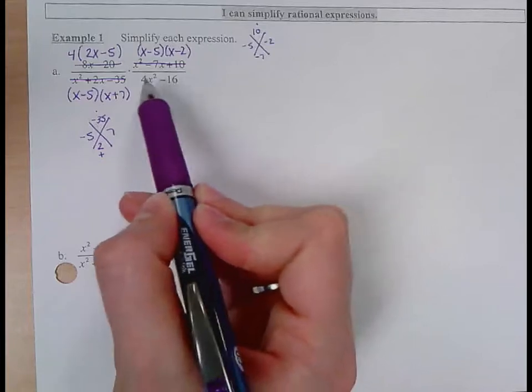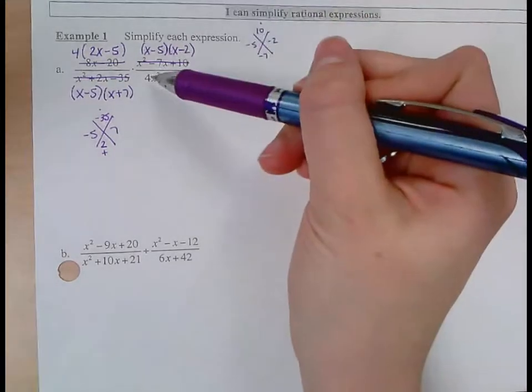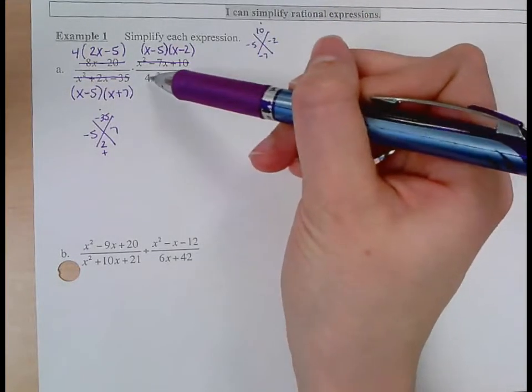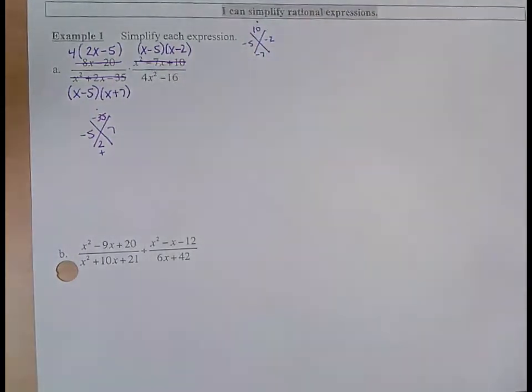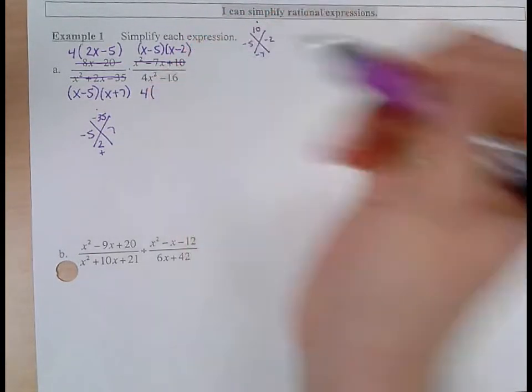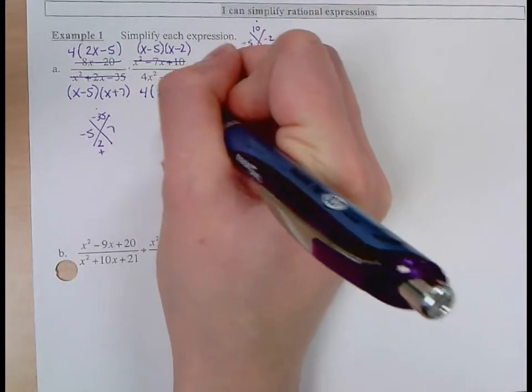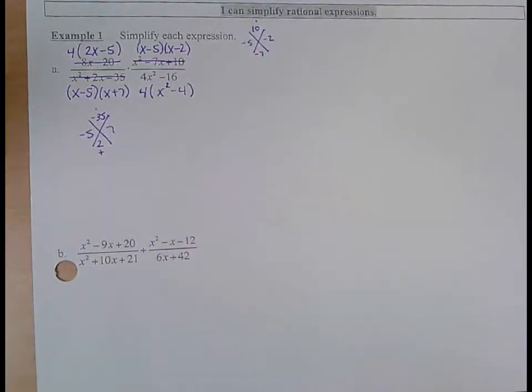And then on the bottom of that fraction, we have 4x squared minus 16. Now, whenever you factor, you should always remember, look for that GCF first. There's two things we can do to factor this. First of all, the two terms have a GCF of 4. So I'm going to factor out the 4 first. If I divide both by 4, then I have x squared minus 4.